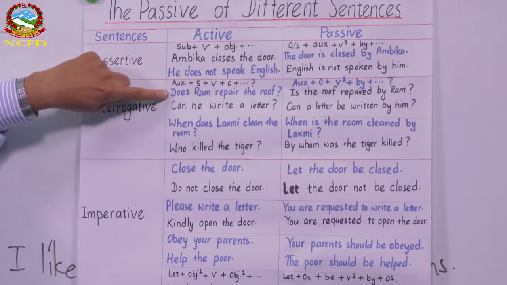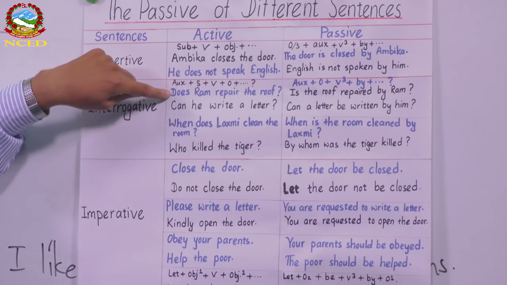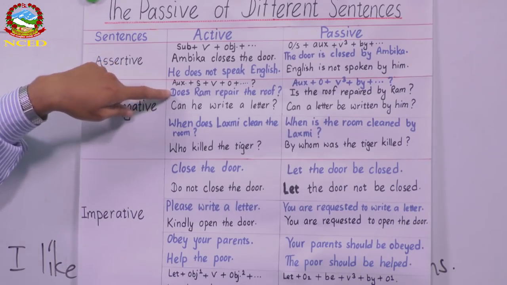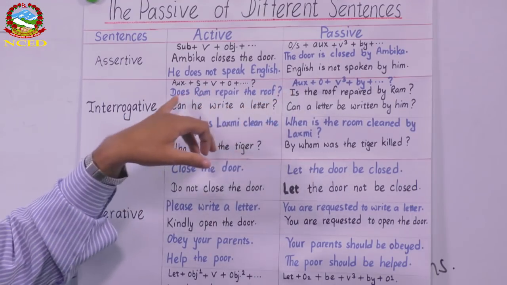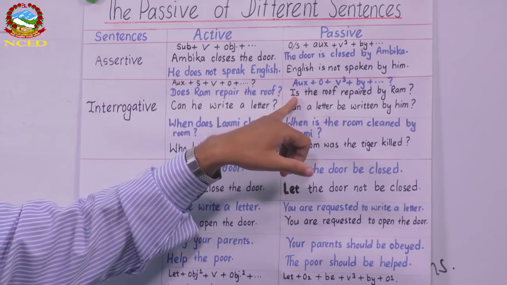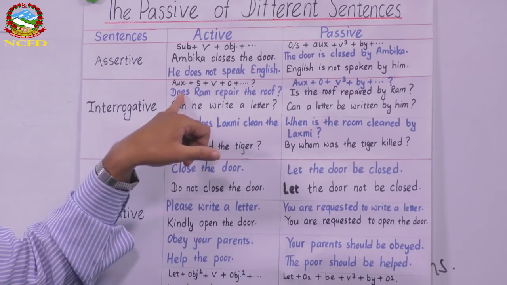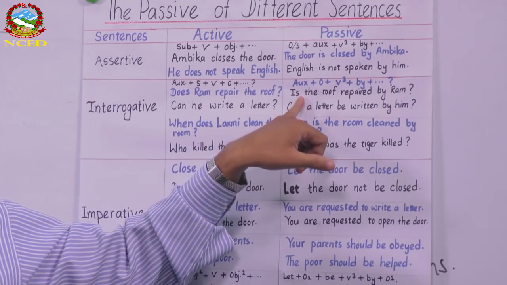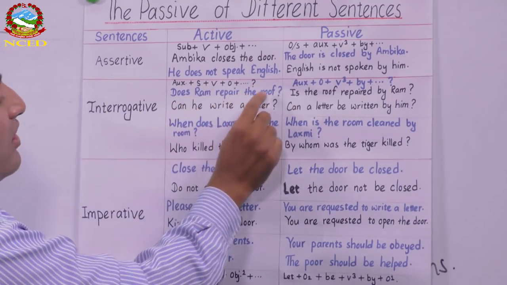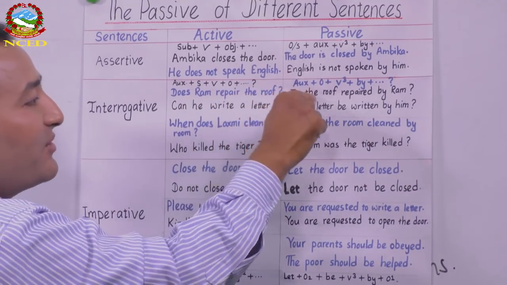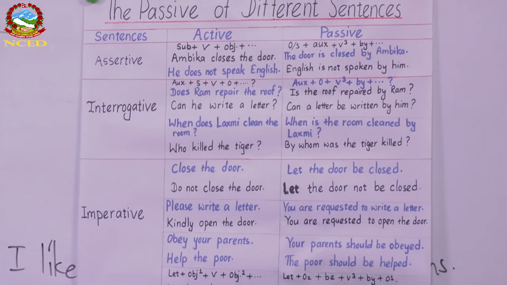The question that has begun from do, does, or did. For such type of question, we use be verb like this. If there is do or does, we use is, am, are. If there is did in the beginning, we use was or were. Now, which one we use, is or are, depends on what object is there, that is to be brought in the position of subject.